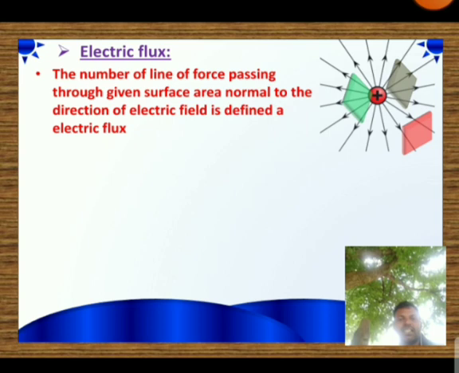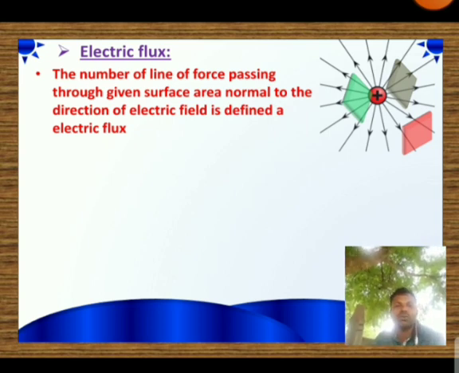That means in 3 cases I have taken the same area, but the number of lines of force passing through the same area is different.